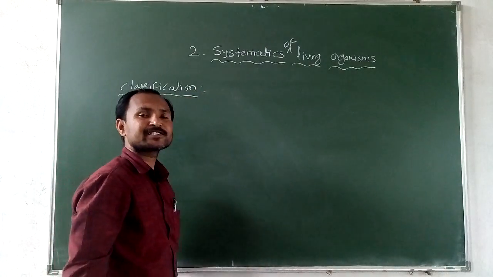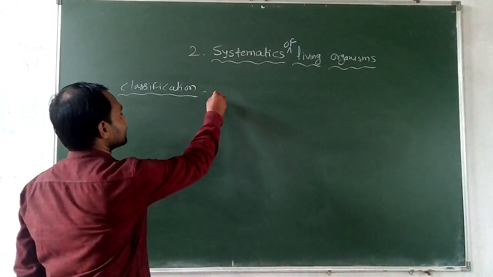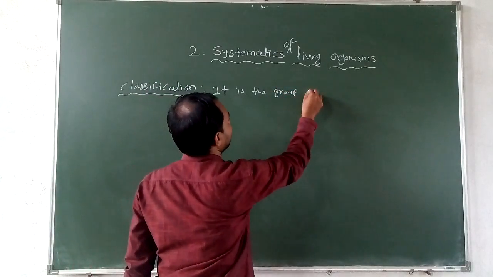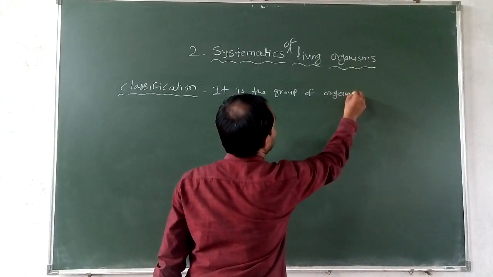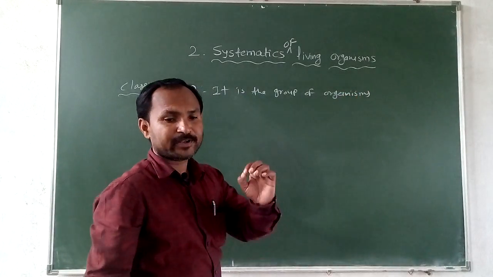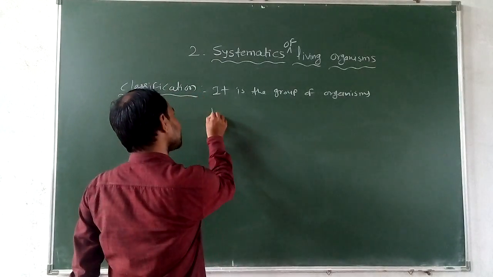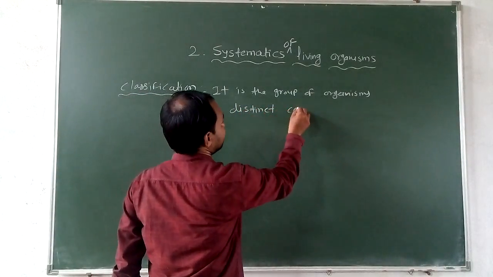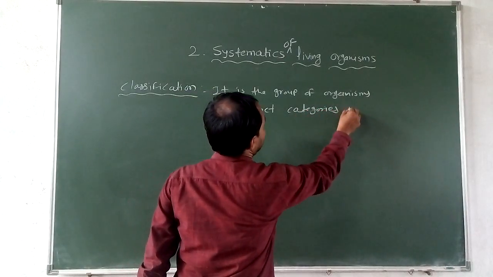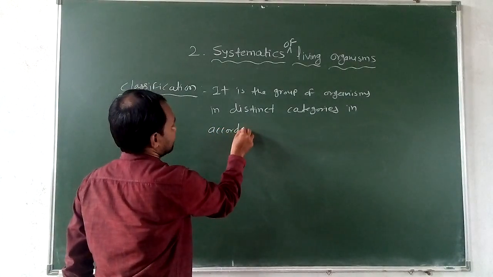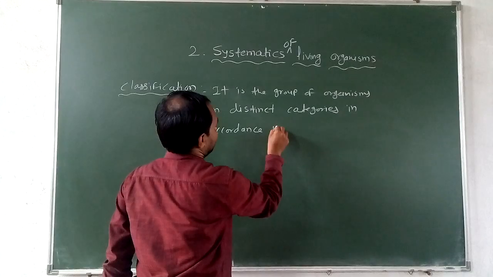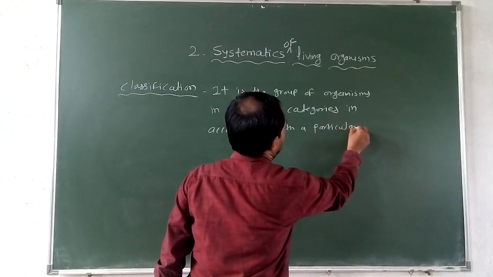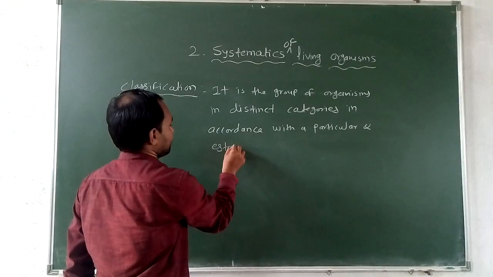Now the definition of classification is that it is the grouping of organisms in distinct categories in accordance with a particular and established plan.